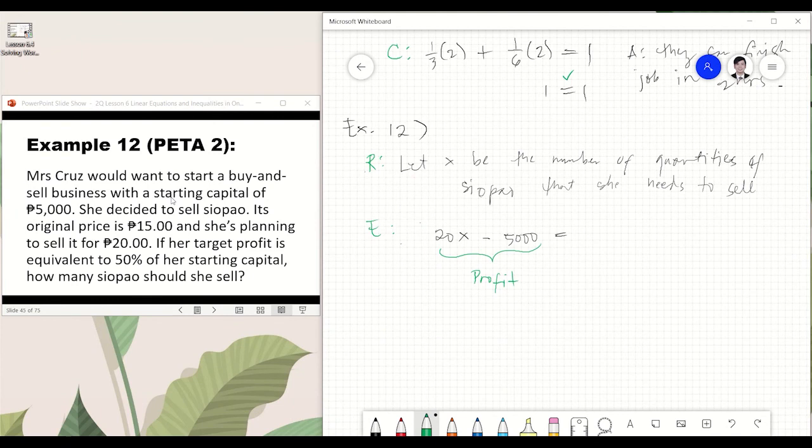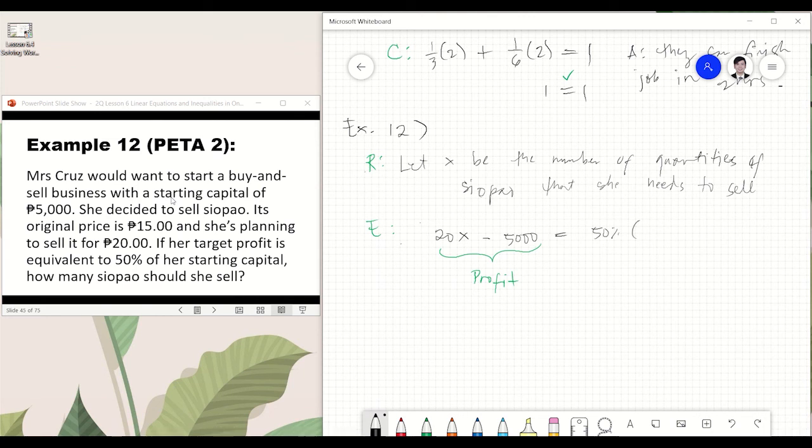Kasi yung 5,000 starting capital, kailangan talagang mabalik yon. So, kung yung sobra, yan yung profit. So, 20 times the number of quantities minus 5,000. And then, yung goal niya, ito yung goal. 'Di ba? Sinabi, 50% of is multiplication.